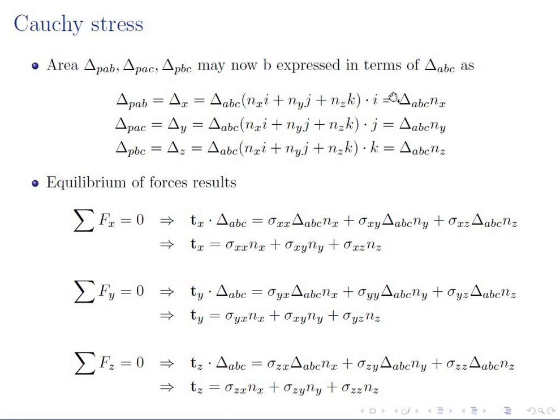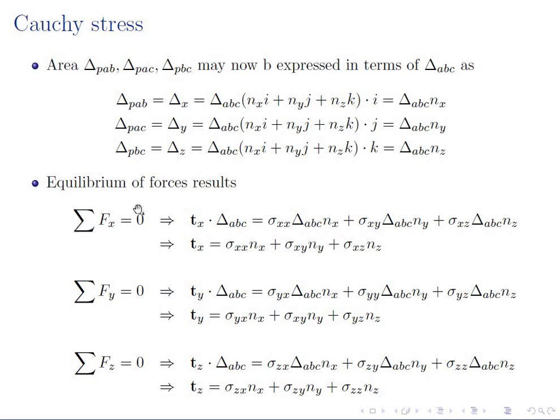I can also write it in mathematical form: it is the projection of the area ABC on a plane whose normal is along the x direction. Similarly, delta y is the y projection of the area ABC, and delta z is the z projection of the area ABC.